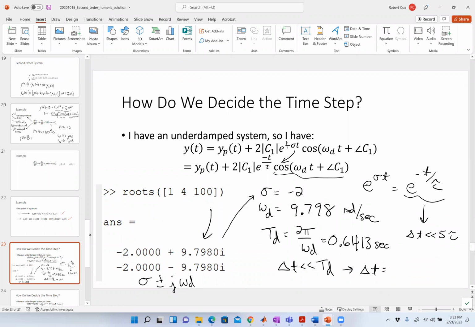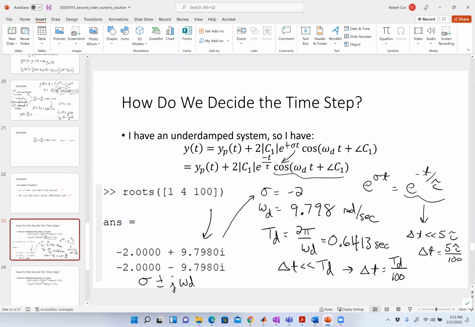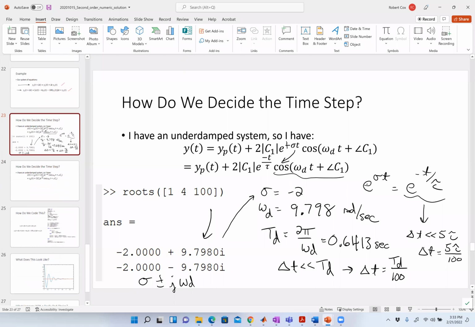So I said either t sub d divided by 100 or 5 tau divided by 100. Okay. So looking at that, which one do I choose? All depends which one is smaller.